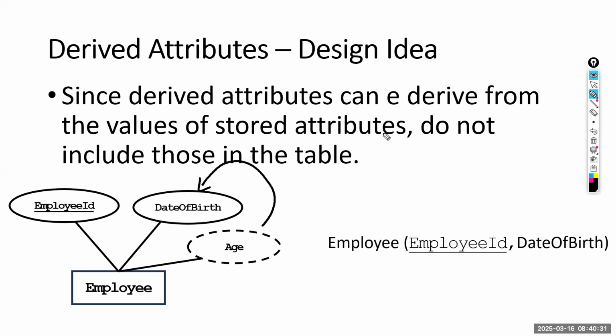So therefore, when you design, make sure you don't consider this as an attribute for your table. Why? Once you get the date of birth, from the current system date we can calculate this. Otherwise, we waste our resources, right? So that is one reason. One reason is it's wasting our storage.